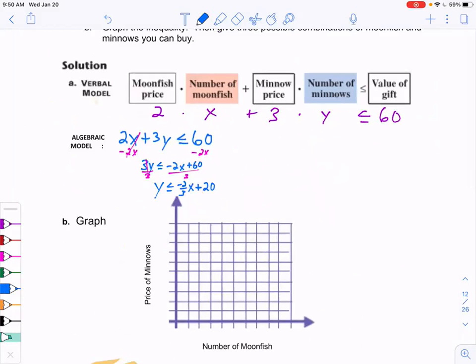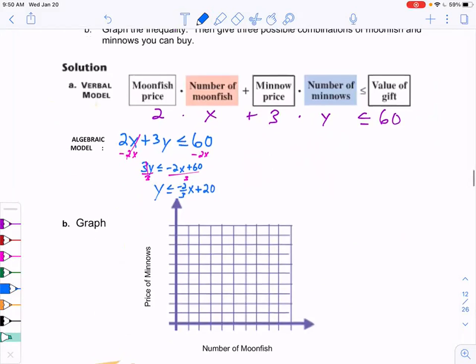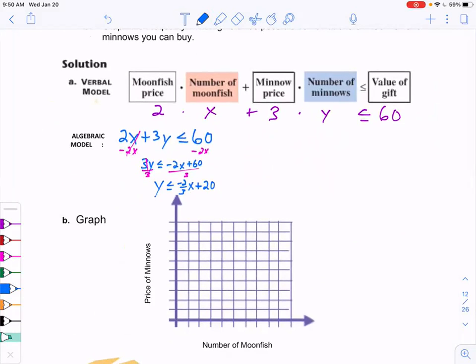So now we want to graph, where we have x as our number of moonfish on our x-axis and our number of minnows on the y-axis. Notice that we have a y-intercept of 20, right? So one thing we could do is make these, what are you thinking? I think 2s works. 2s? Got it.